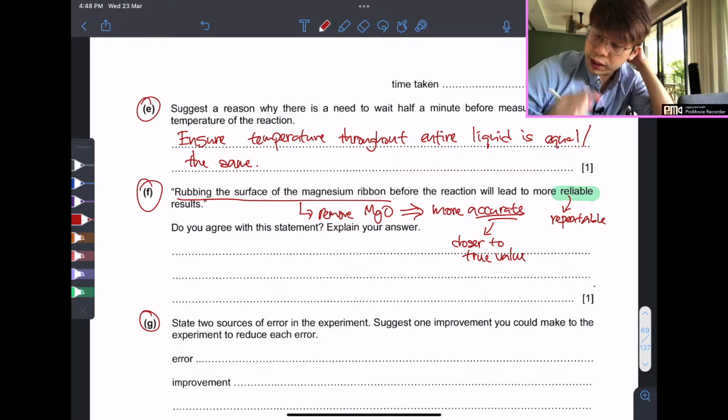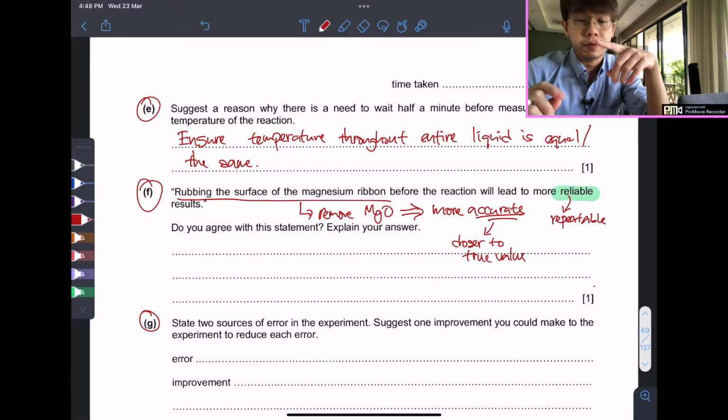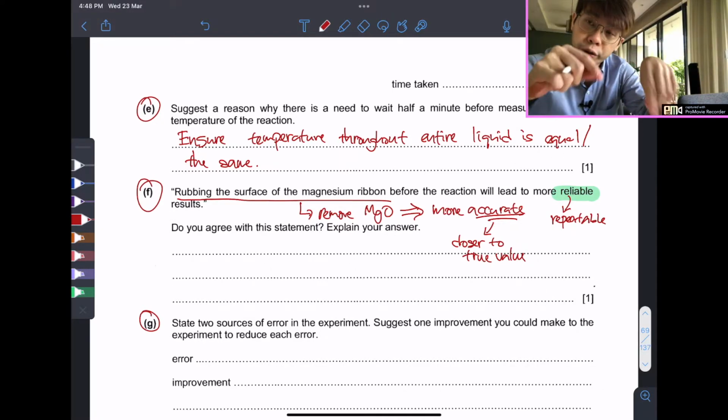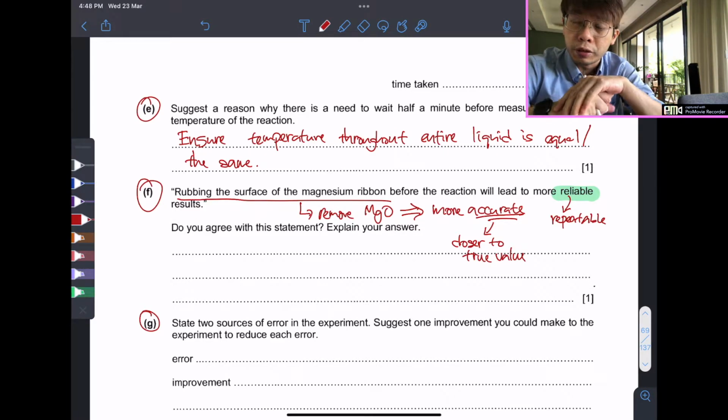All right, so this answer you can both agree and disagree. Okay, so generally I would say I'll disagree. The reason why it is not reliable, so imagine you have this magnesium ribbon. The first round you rub, make sure that you rub off everything, and then you throw it in. Oh, then very good, it reacts with the magnesium and not the magnesium oxide.